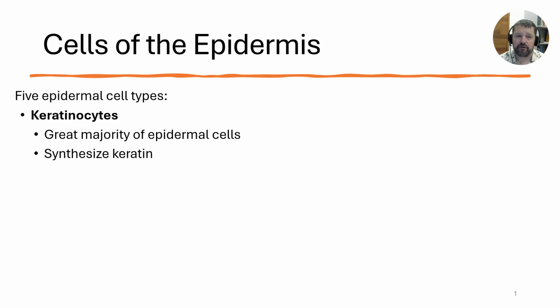It consists of different types of cells, some that are super important, and some that are important, but they might be found in other regions of the body. The keratinocytes are by far one of the most important cells for this layer because they're found in the majority of the epidermal cells.